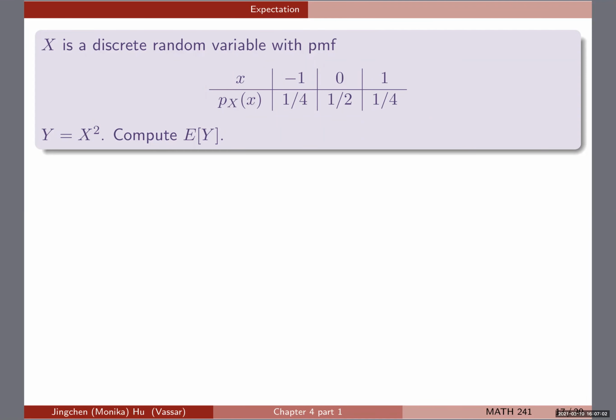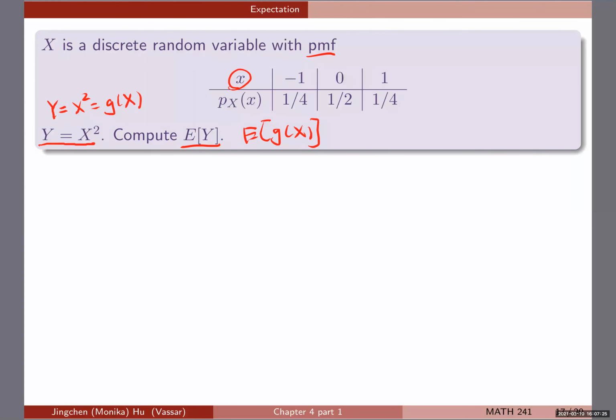I'm asking you to compute the expectation of Y. Based on the result that we just saw, Y is X squared, and earlier we wrote it generically as g(X). So essentially we are trying to find the expectation of g(X), given the PMF of X.